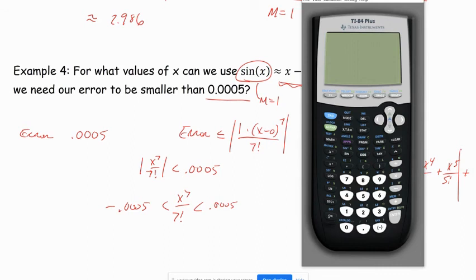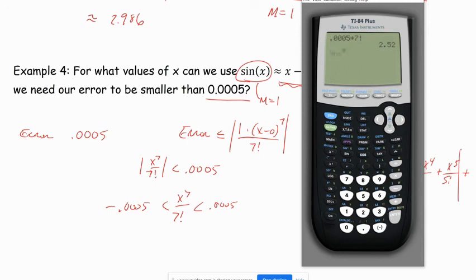So I'll go ahead and do that on the calculator here. 0.0005 times 7 factorial is that number, and then we want to take the 7th root of that.